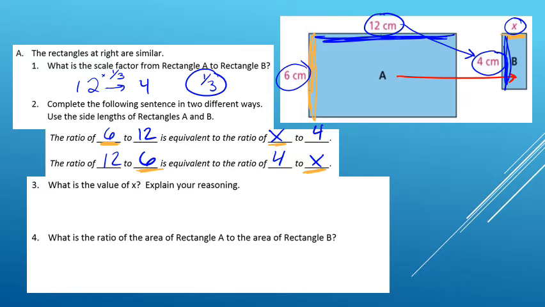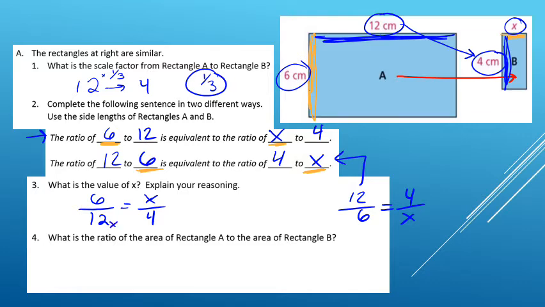All right, so now what is the value of x? If I set up a proportion, I can set up 6 over 12 equals x over 4. That would match with the first ratio I wrote here. Or if I use the second set of ratios, I could say 12 over 6 equals 4 over x. Right? Those are the same thing, it's just written a little bit differently. So I'm going to apply my scale factor now.